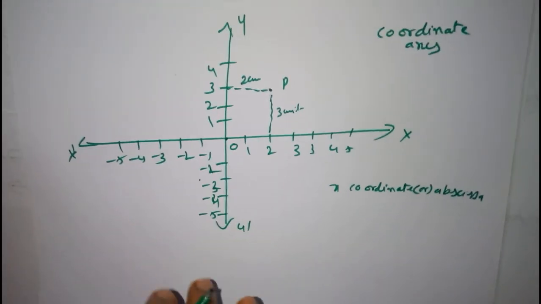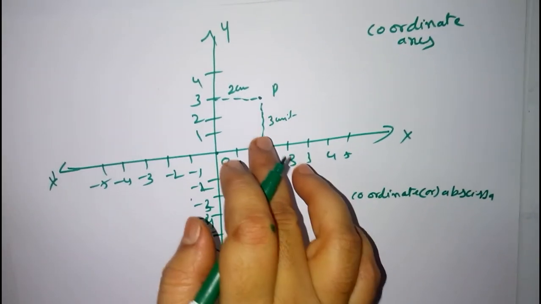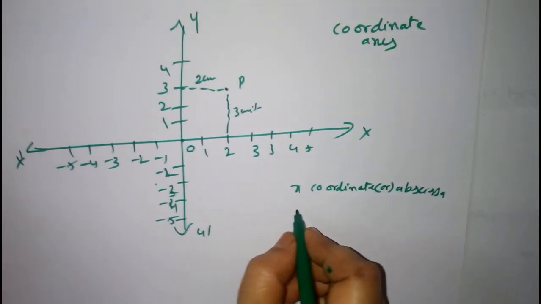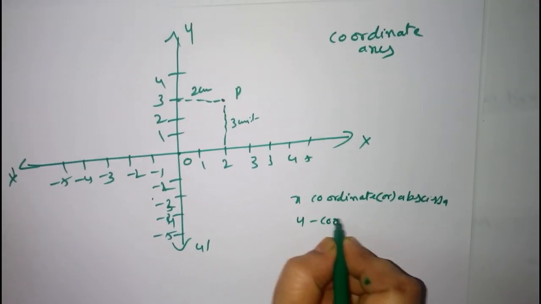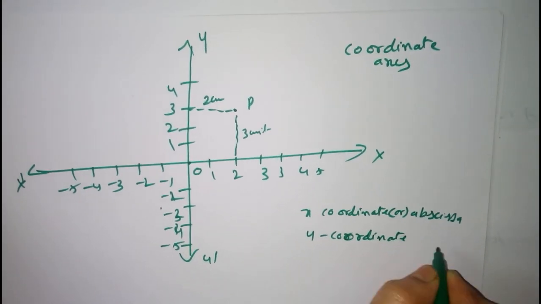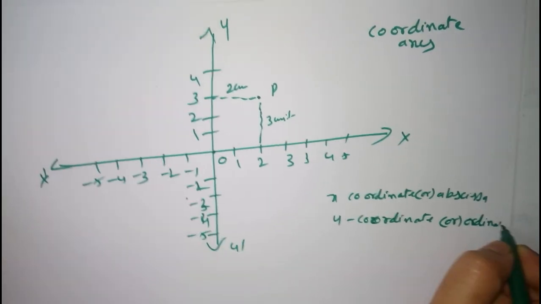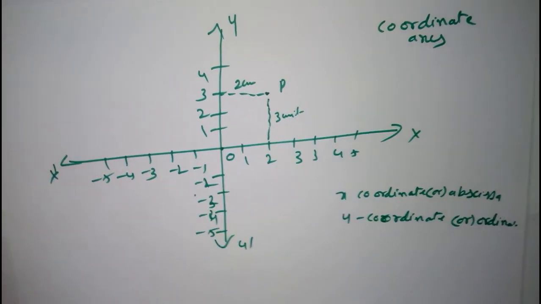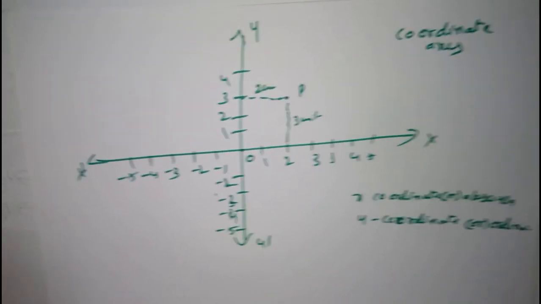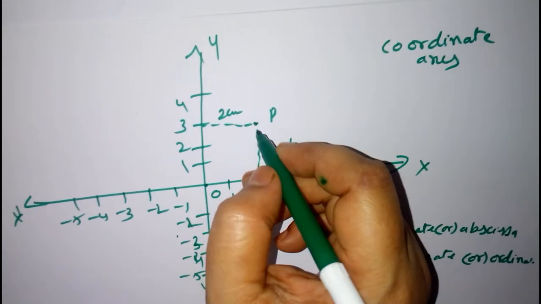The distance from the x-axis is called the y-coordinate, or ordinate. Already we discussed that order is important.